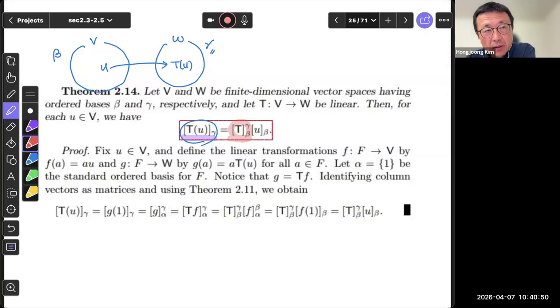And then you represent each vector in the range with respect to gamma. Then the coefficients used in this linear combination will be defining this matrix.